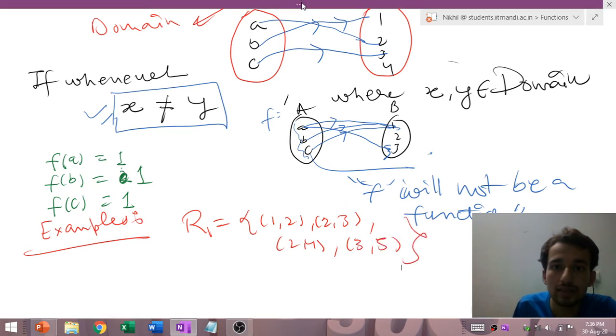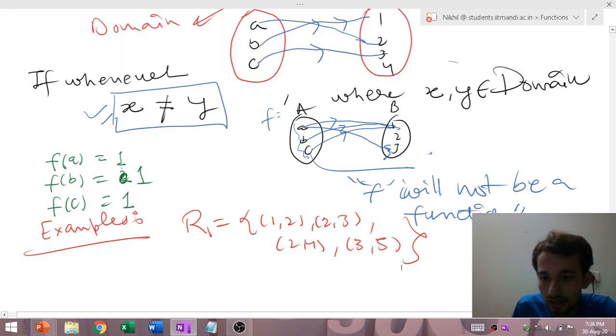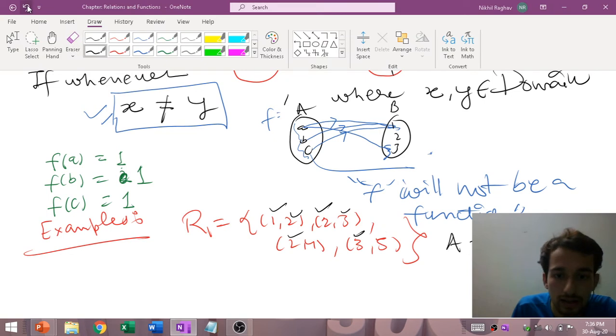How I am choosing these: suppose they are coming from some set, and what this means is that my first elements are the elements from the domain, these 1, 2, 2, 3. If I call the set A my domain, then 1, 2, 3 are elements from my domain, and the second elements are from the codomain. Let me use a different color.